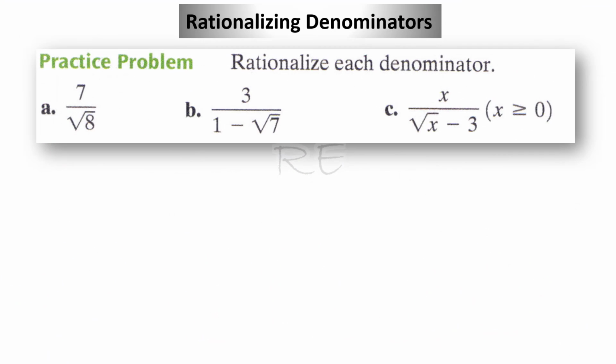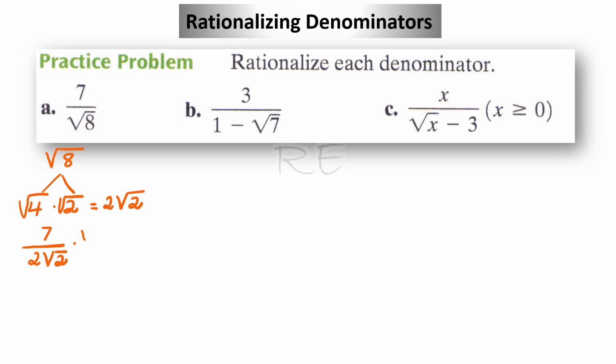Let us simplify square root of 8 first before we rationalize the denominator. If we understand 8 to be 4 times 2, square root of 8 is equal to square root of 4 times square root of 2, which is 2 square root of 2. So the problem is really 7 over 2 square root of 2.